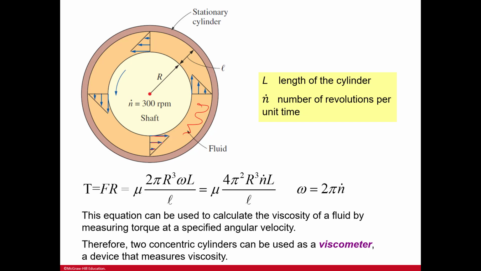And you have RPM, so that's rotations per minute. And remember, anytime you see a dot over something, this means a rate. This equation can be used to calculate the viscosity of a fluid by measuring torque at a specified angular velocity. Therefore, two concentric cylinders can be used as a viscometer, a device to measure viscosity.